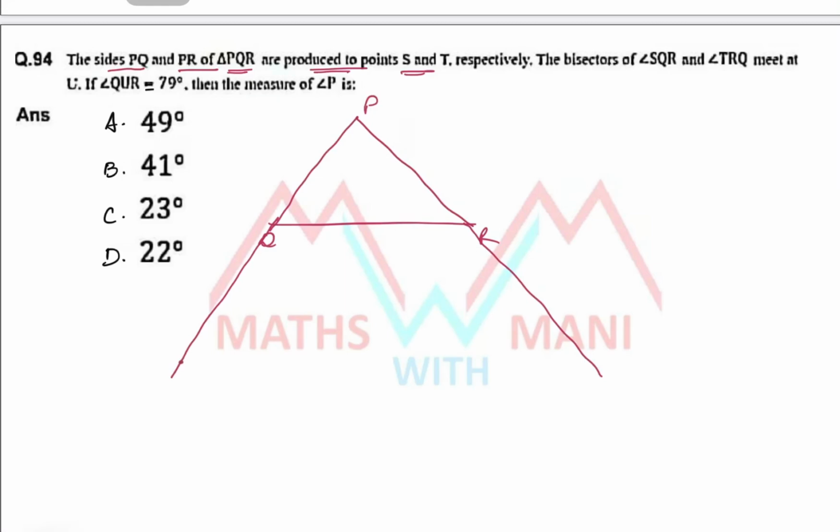PQ is produced to S and PR is produced to T. The bisectors of angle SQR, this angle, and angle TRQ, this angle, intersect at U. If angle QUR is 79 degrees, then what is the measure of angle P?